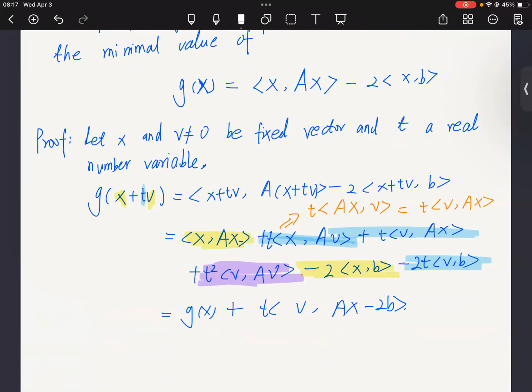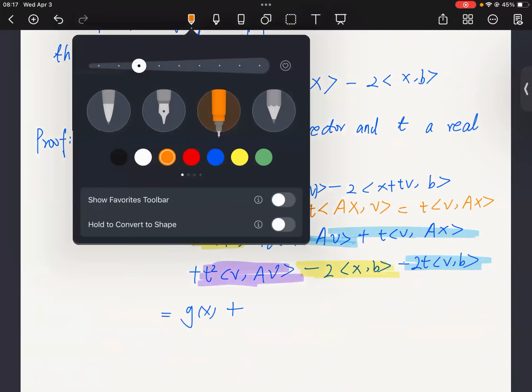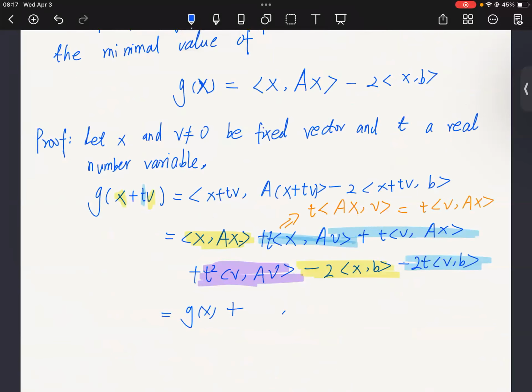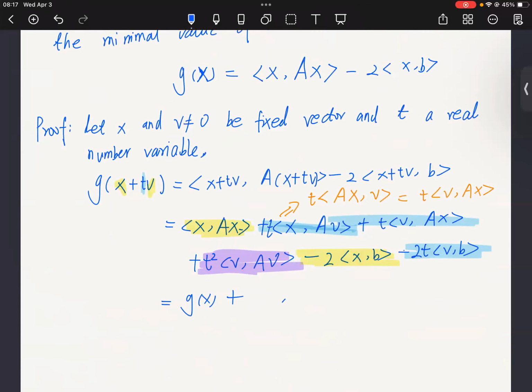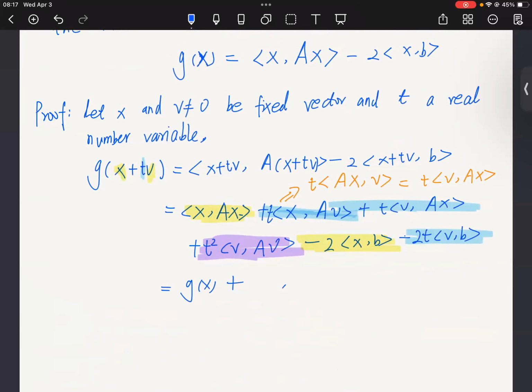So at the end of the day, you collect all the first order t items, and you will have t times V AX plus AX, and then subtract 2B.